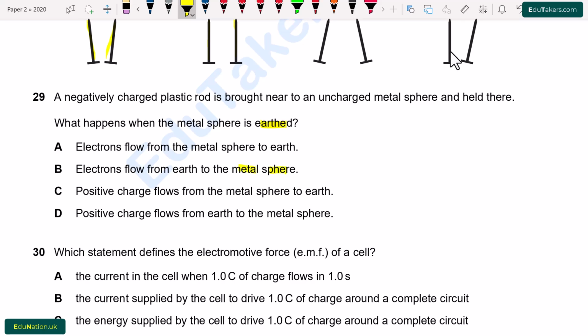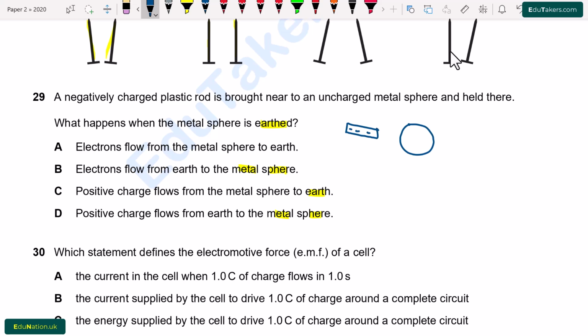C. Positive charges flow from the metal sphere to earth. D. Positive charge flow from earth to the metal sphere. So first of all, I have a metal sphere and there is a plastic rod which is negatively charged.